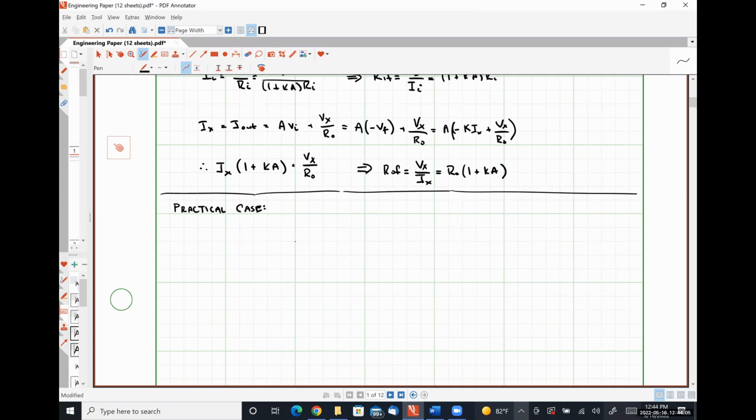We have our feedback network. On the left-hand side is port 1, as per usual. On the right-hand side is port 2. We find R11 by looking into port 1 with port 2 open circuited.